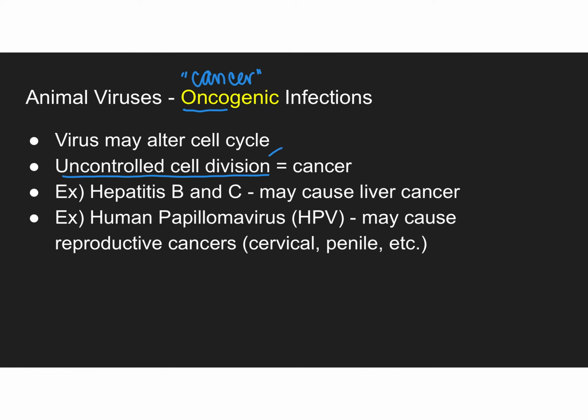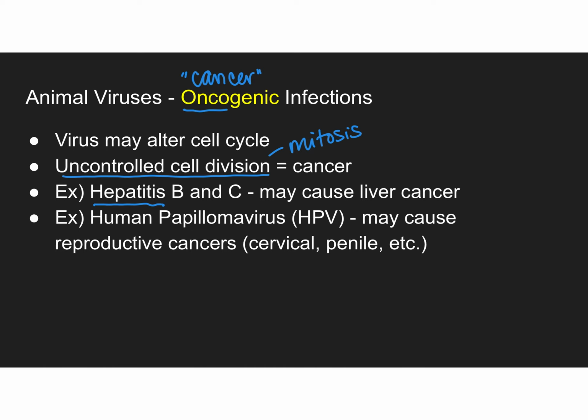So when your cells go through mitosis over and over again without ever being stopped, you develop these extra cells that aren't supposed to be there, which starts to form a tumor, which can then potentially break off and become metastatic.